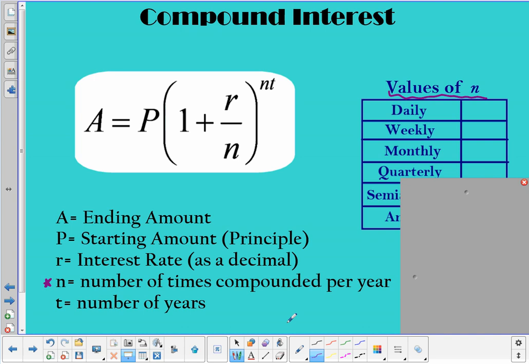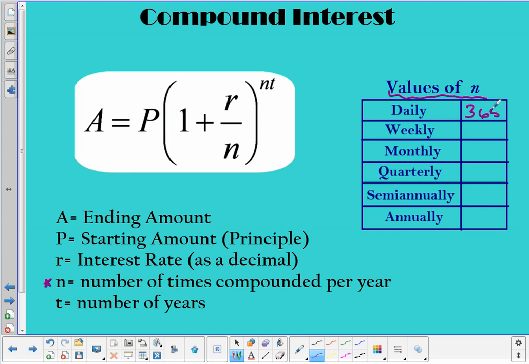If the question tells you that it is compounded daily, you need to think about how many days are there in a year. So compounded daily would be 365. That's your value of n that you would use. Compounded weekly, again, you need to think about how many weeks are there in 1 year. There's 52 weeks in 1 year.